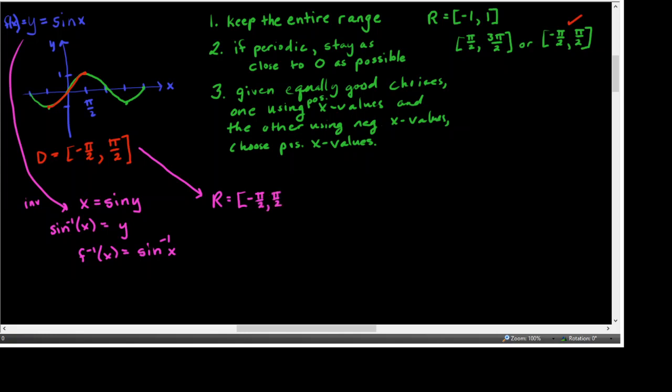And every y thing becomes an x thing. So the domain that we decided to keep, negative pi over 2 to pi over 2, becomes this. The range of this function up here, negative 1 to 1, becomes our domain of the inverse.